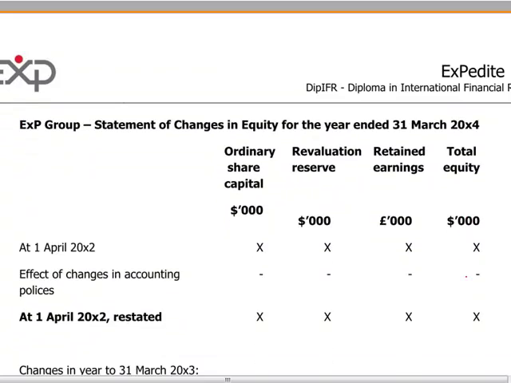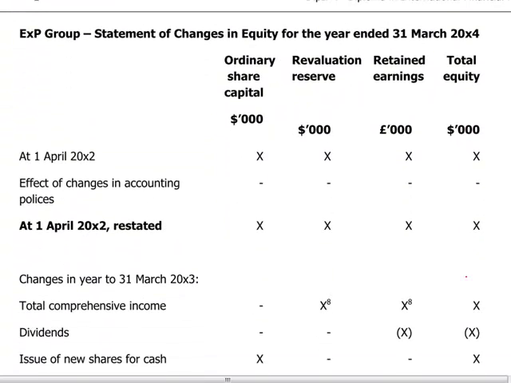A third element of financial statements is the statement of changes in equity for the year. The easiest way for you to remember it in the exam is that it is just a reconciliation of the equity section of the statement of financial position between the opening and closing balances.